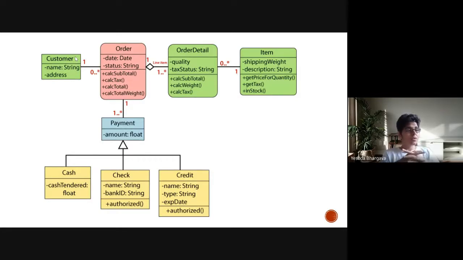Try to find out the difference between the composition relationship and inheritance relationship, and why one is favored over the other. The second homework is to try to read about how to implement the composition and aggregation relationships in code, because then you can identify why I'm saying that aggregate means a class is a part of another class, whereas composition means that a class is literally composed of another class.